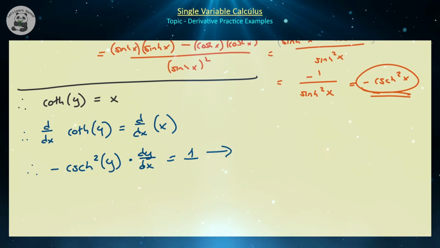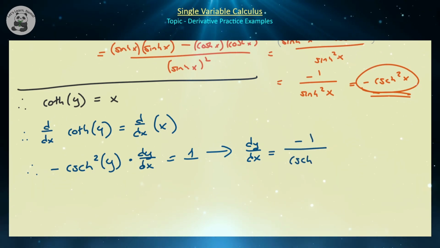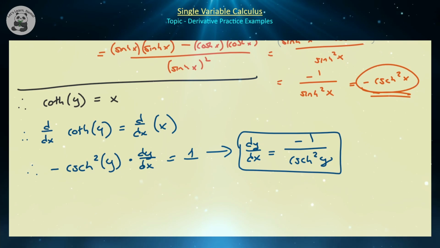So from here, we have dy over dx is equal to minus 1 over hyperbolic cosecant squared of y. So that is our expression.